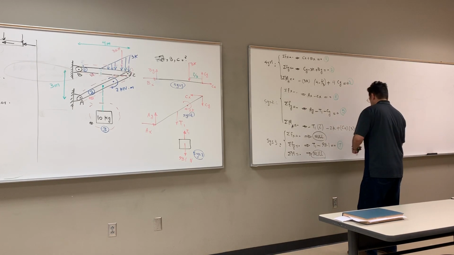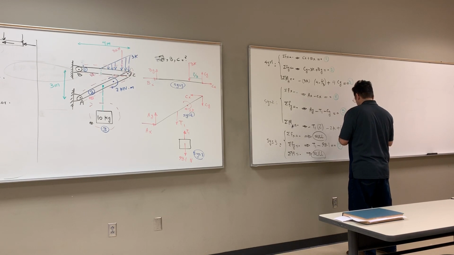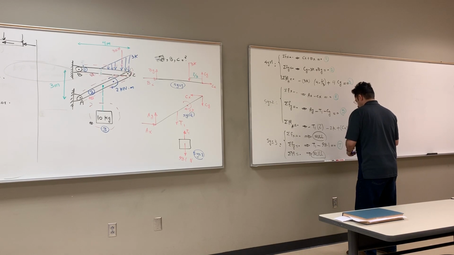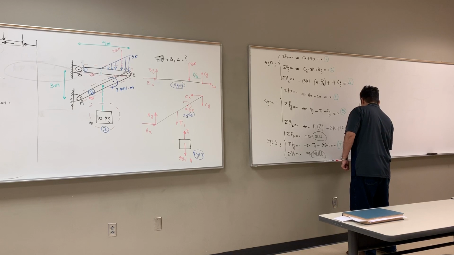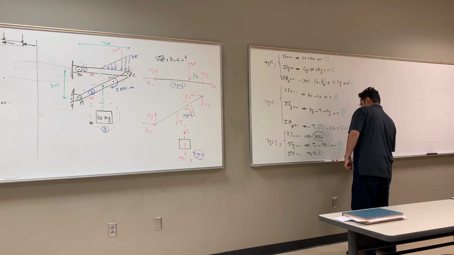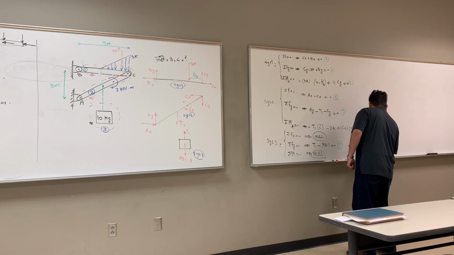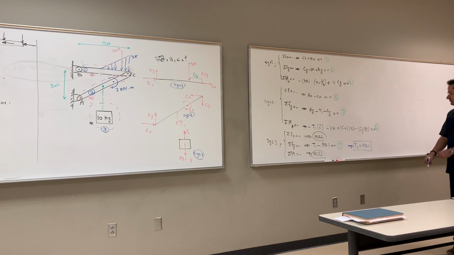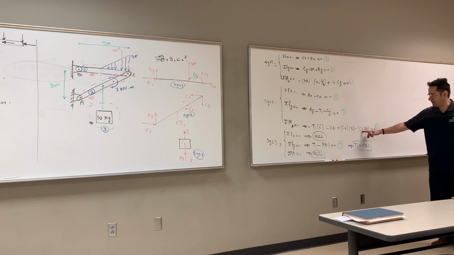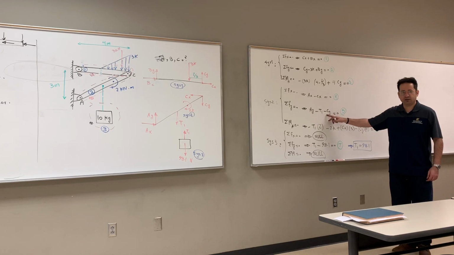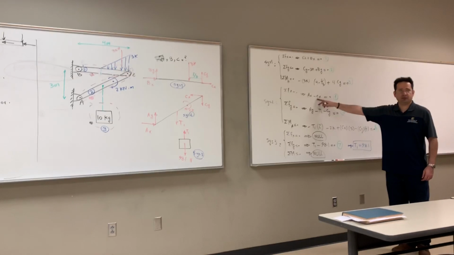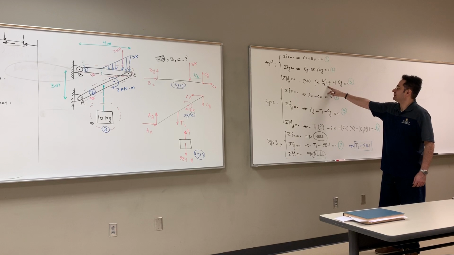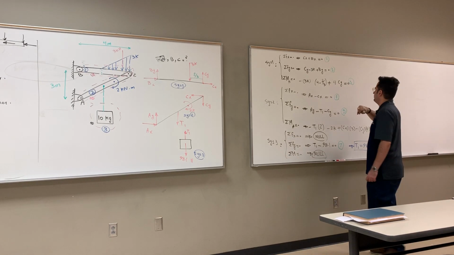If you solve this equation, let's use blue for solutions, that would give you T1 is equal to 98.1. Now what is my next option? Can I do this? No. How about this one? No. No. No. Yes. So let's do it.